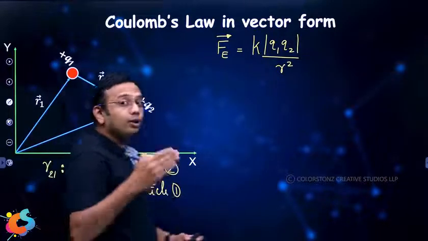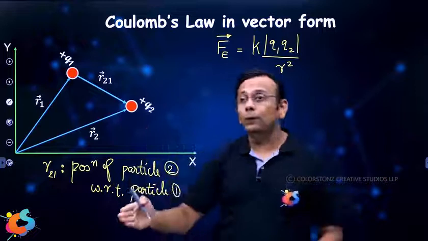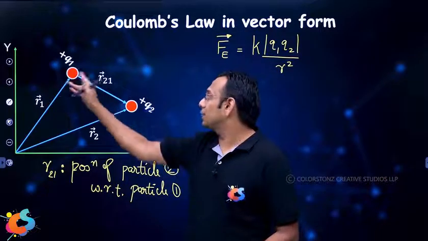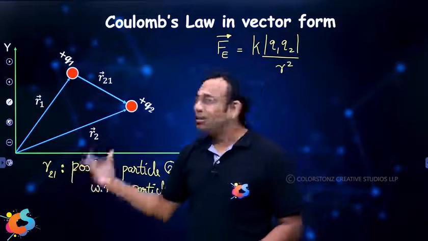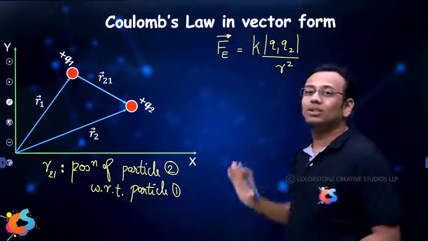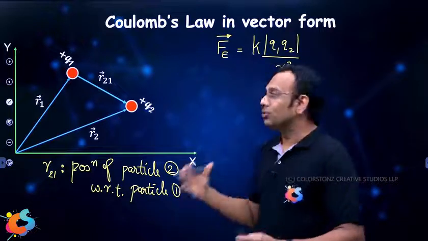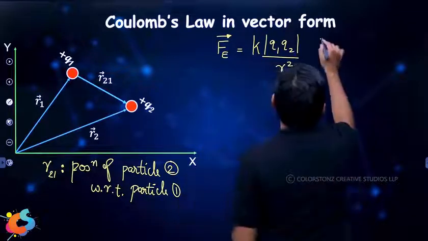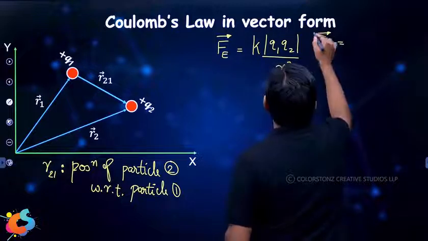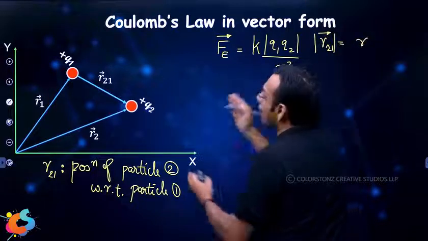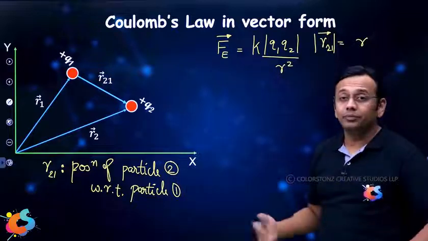All right. R21, position of 2 with respect to 1, is a vector quantity. The magnitude of this vector will correspond to the separation between the two charges. So I can say the magnitude of this R21 vector is simply equal to this R which we need.